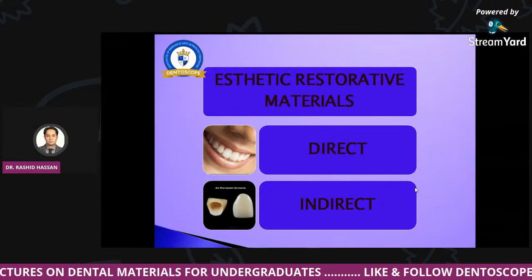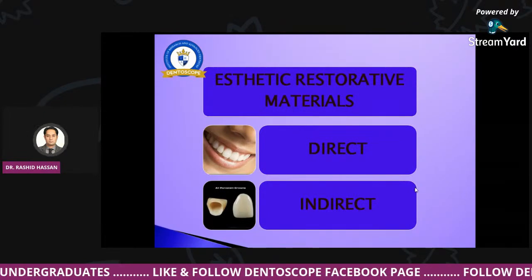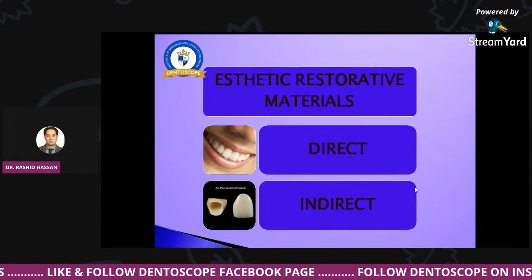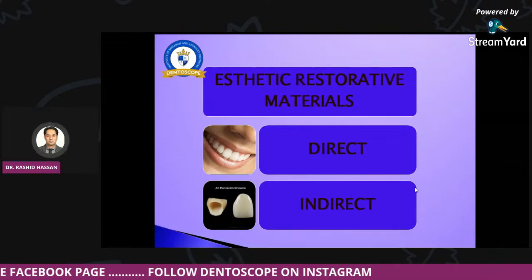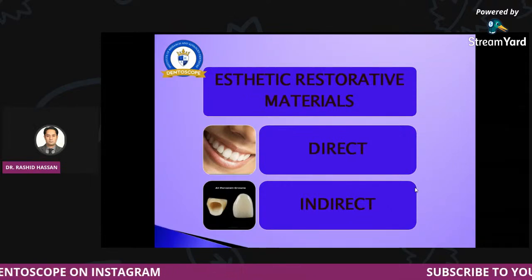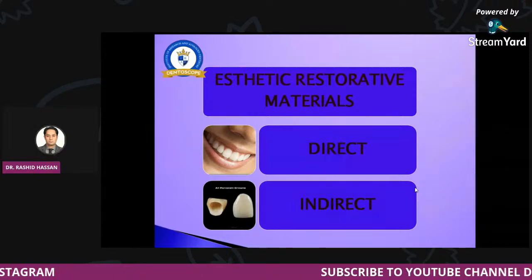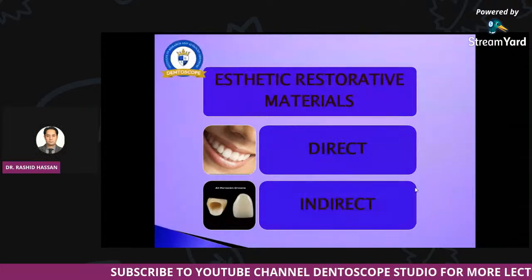So what exactly they are? If we talk about the aesthetic restorative dental materials, they can either be direct or indirect. What's the difference between direct and indirect? The direct aesthetic restorative materials are those which are inserted or fabricated at the chair side. No third party is involved.